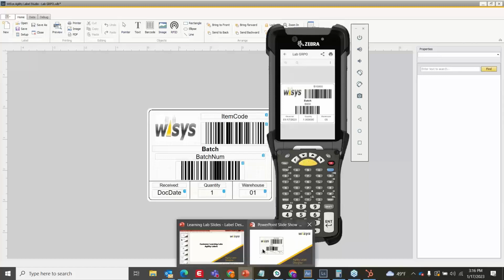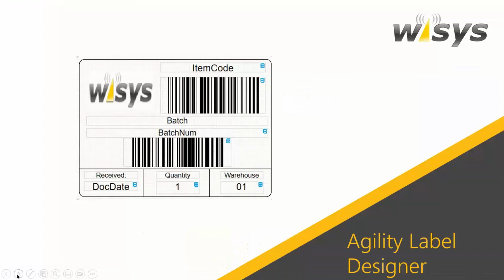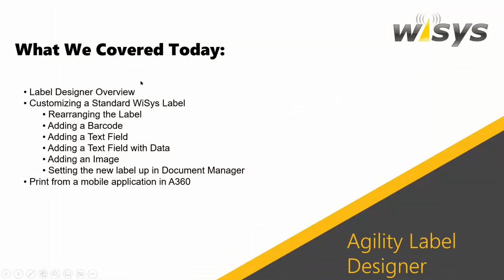So just to reiterate here, if we jump back over to the PowerPoint, what we covered today, we walked through that general label designer overview and talked about all the different settings and types of fields and how to do things. We jumped into customizing a standard WiSys label, and we did that by rearranging the label, adding a barcode, adding a text field pulling data from SAP, adding an image, and then setting that label up to print in Document Manager from our Agility Explorer desktop application.